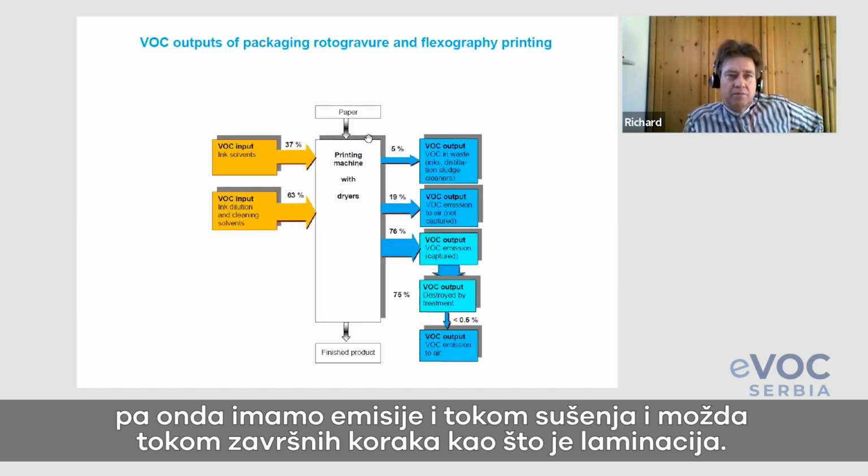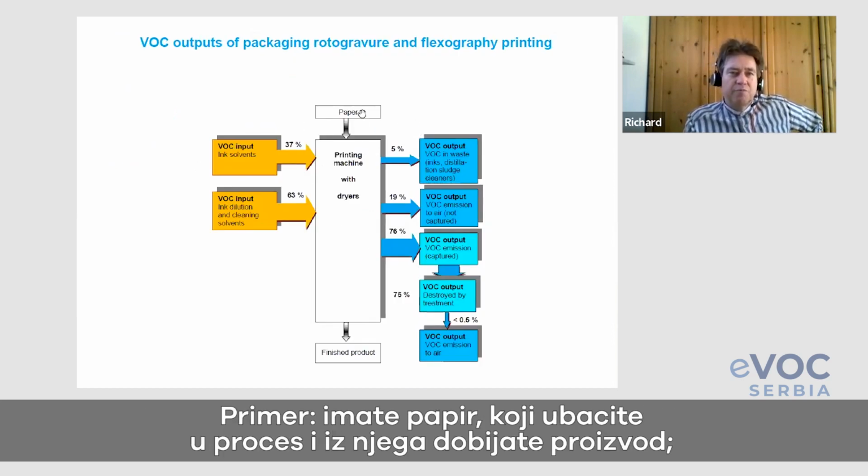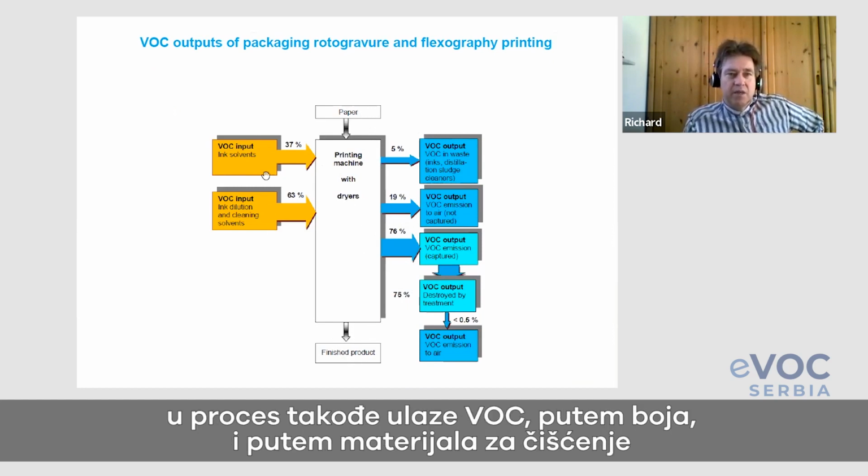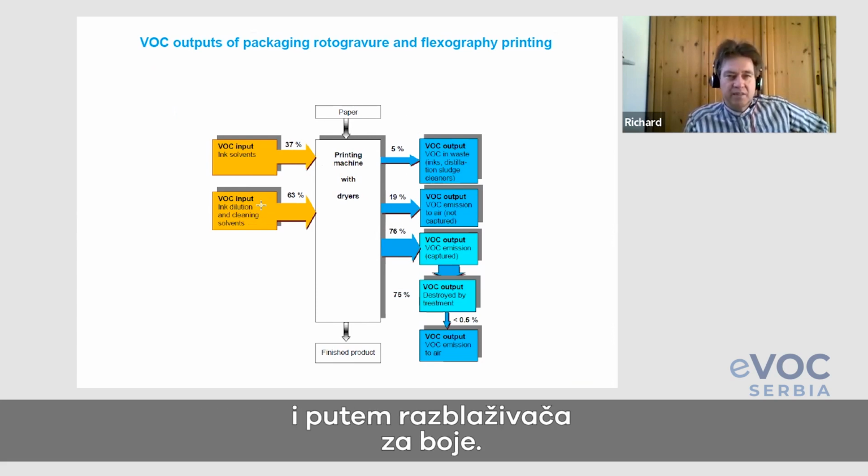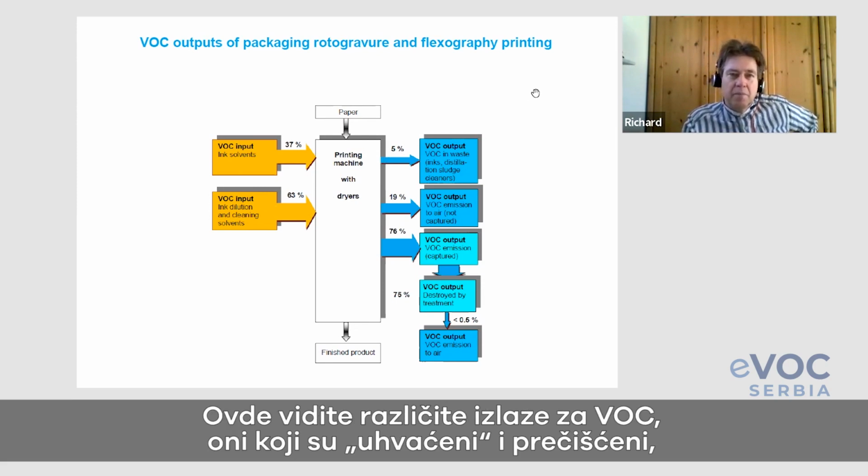As an example, you have paper, you put in and you get out a printed product. You have the VOC input by the inks, and you have VOCs by the use of cleaning materials and of course thinners for the printing ink. And here you have then the different ways out for the VOCs.